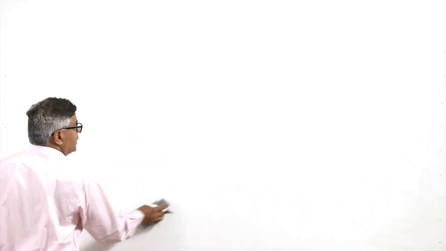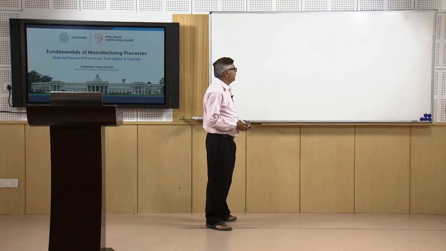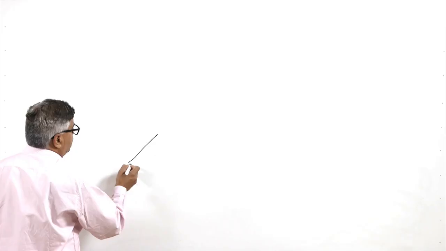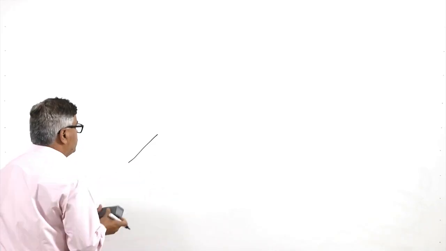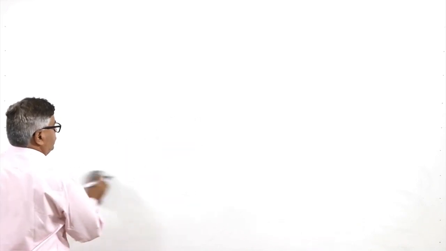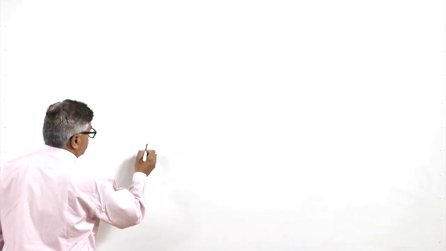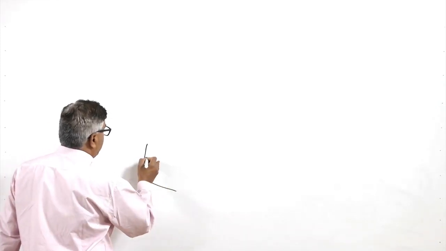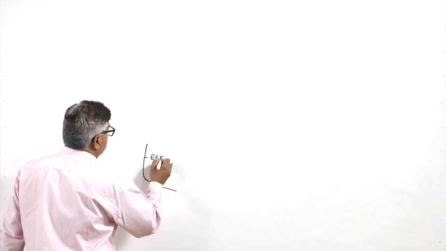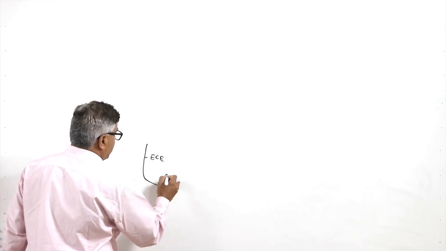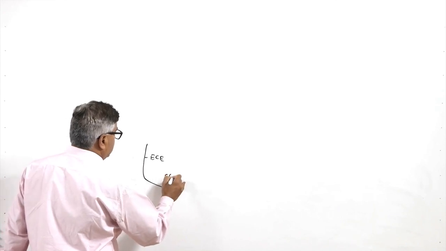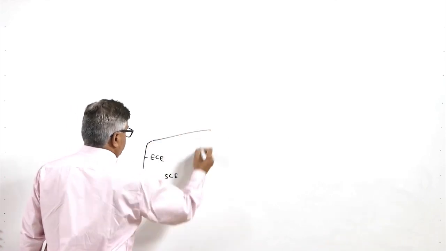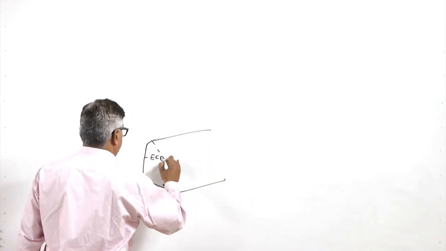So, to understand the wear of the tool, we need to consider one typical tool geometry, so that we can look at the zones which are subjected to wear. Say this is the end cutting edge and this is the side cutting edge, and this is the shank of the tool.